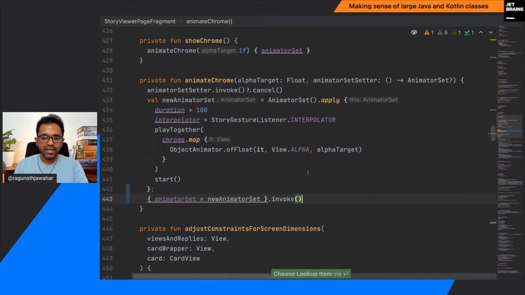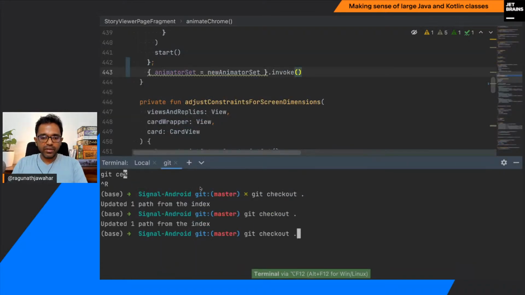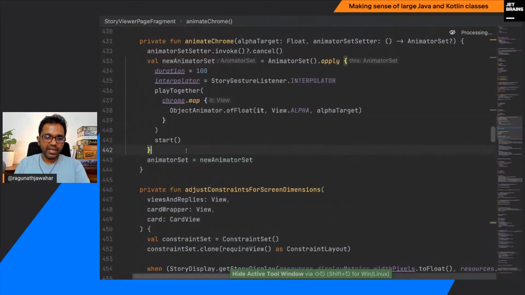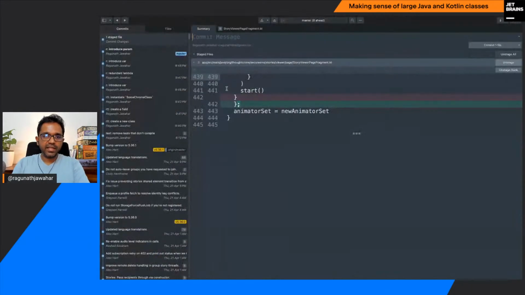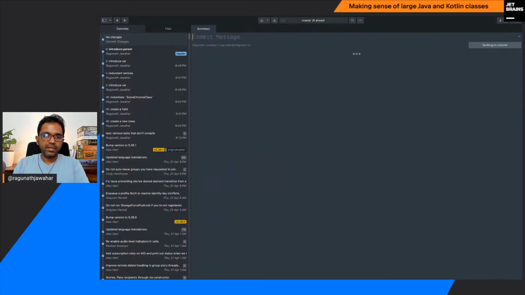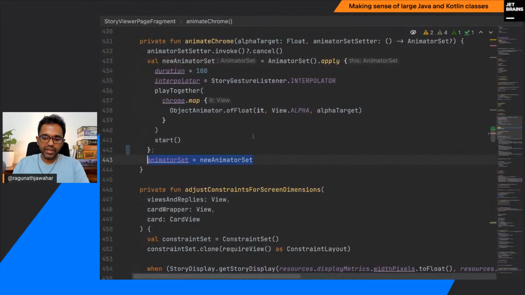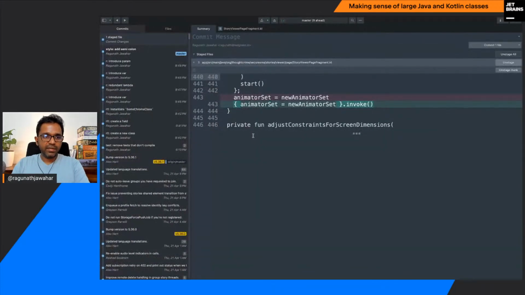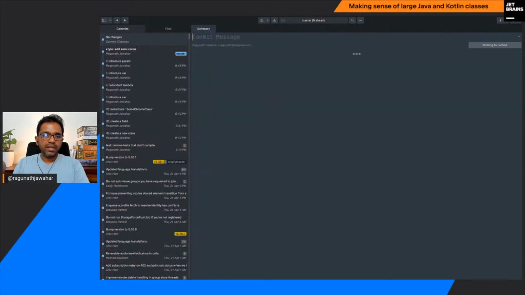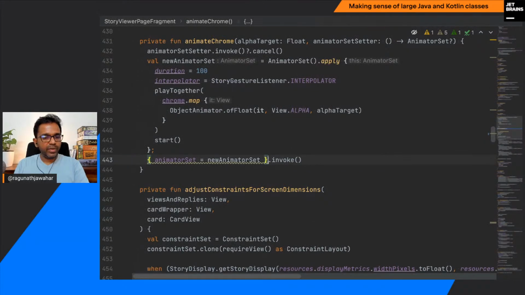Yeah, that's because this is treated as a parameter to animator set or the apply function. So what we're going to do is git checkout dot, one step at a time. We're going to add a semicolon here, and then we say style, add semicolon. Then we go back here, and we introduce a redundant lambda here, invoke, and that is good. Now it becomes more interesting because this is a setter, right?